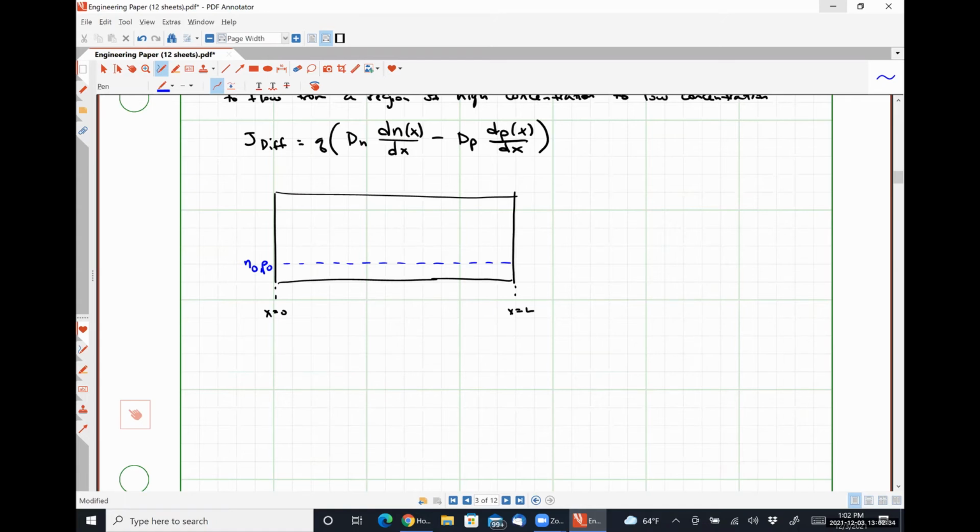I don't want to call them both n_i in this case because that would just be confusing, right? But so we have some kind of background level of both holes and electrons.